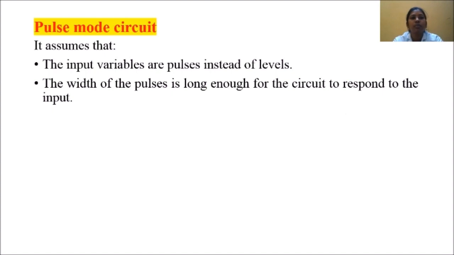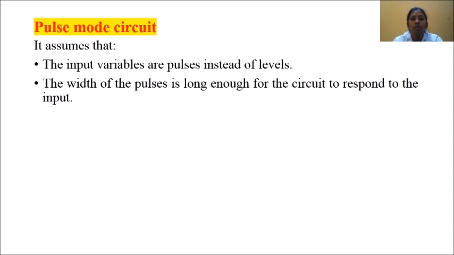The next one is the pulse mode circuit. Here the input variables are pulses instead of levels. The width of the pulses is long enough for the circuit to respond to the input, and the pulse width must not be so long that it is still present after the new state is reached. The pulses should not occur simultaneously on two or more input lines.